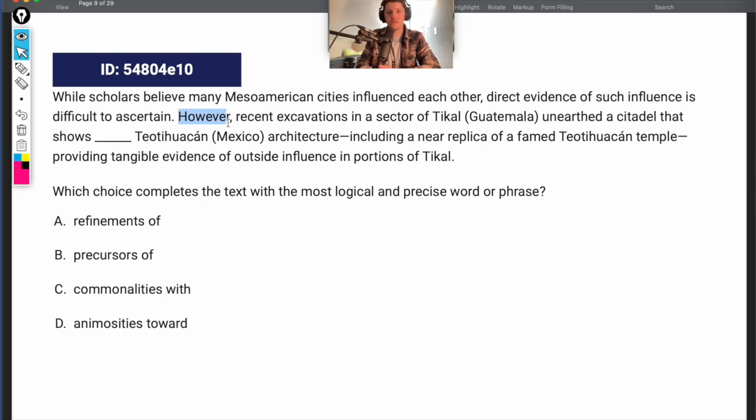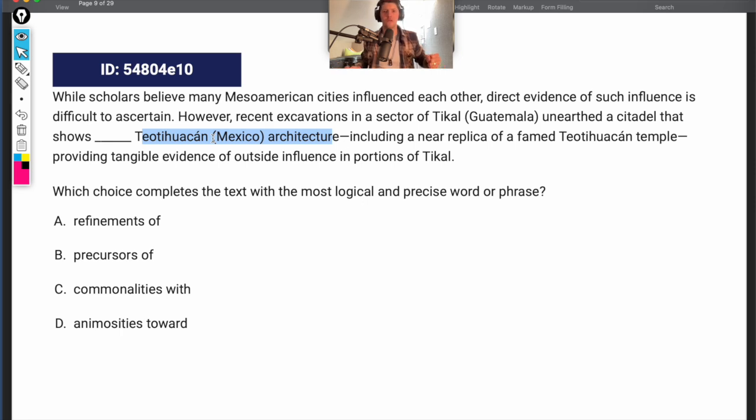Recent excavations in a sector of Tikal unearthed a citadel that shows not Guatemalan architecture. I paused there because I had to process what we were talking about. I'm not even going to try to pronounce that word that takes the place of Mexico. But look, the previous sentence said Mesoamerican cities influence each other. And here we have two different areas, Guatemala and Mexico.